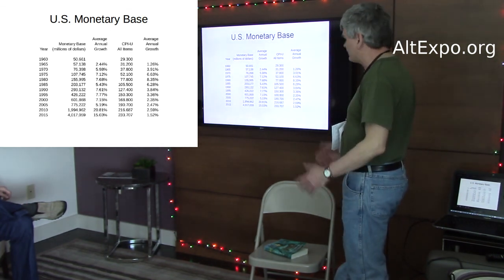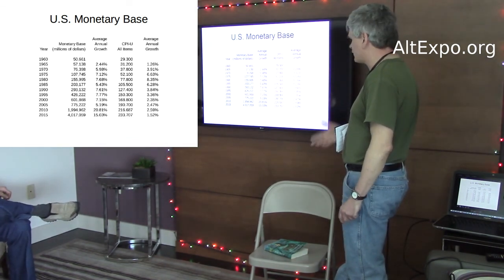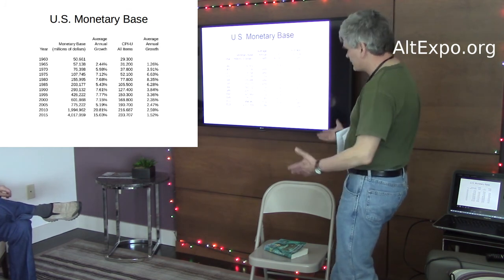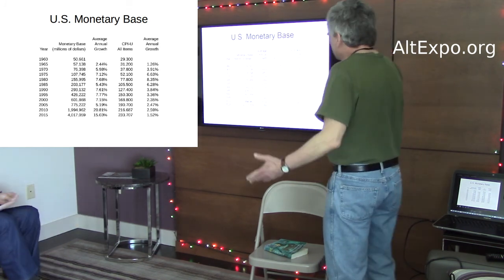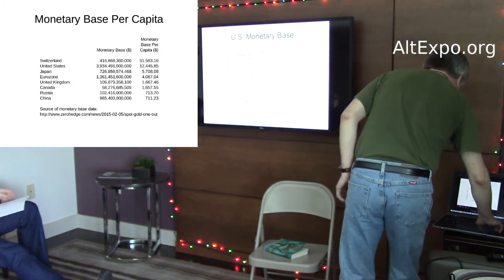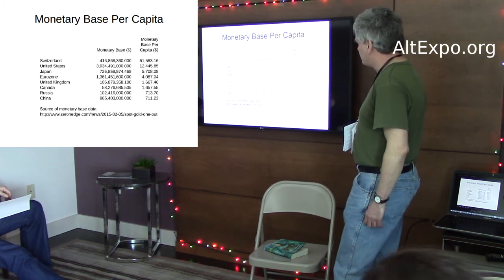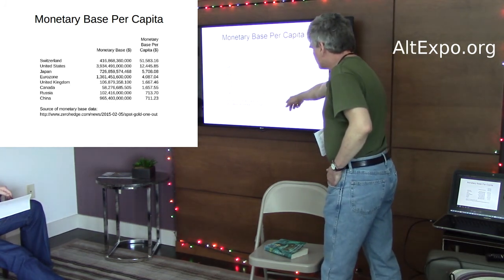You know, I guess part of it is that the dollar is the world's reserve currency, so there's an artificial demand for dollars. But still, this is pretty remarkable. And I don't know how much longer they can keep it up. But one thing that's interesting to do here is compare this with other countries. So here are just the various monetary bases.